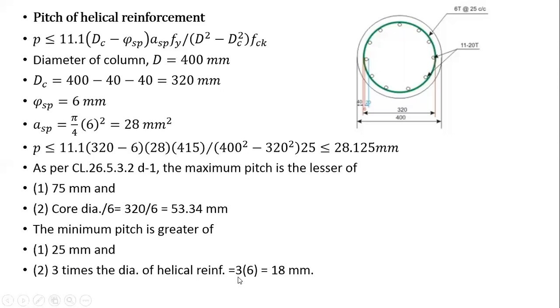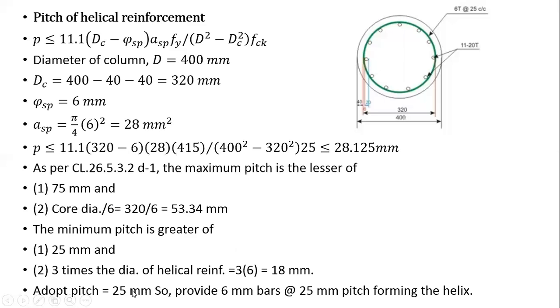The diameter of helical reinforcement we have already taken as 6 millimeter, so 3 into 6 is 18. So the minimum pitch is the greater of this and this value, which is 25. So the pitch should be more than or equal to 25 and less than 53. Whatever comes here in the design is 28, so I have to adopt a pitch of 25 millimeter.